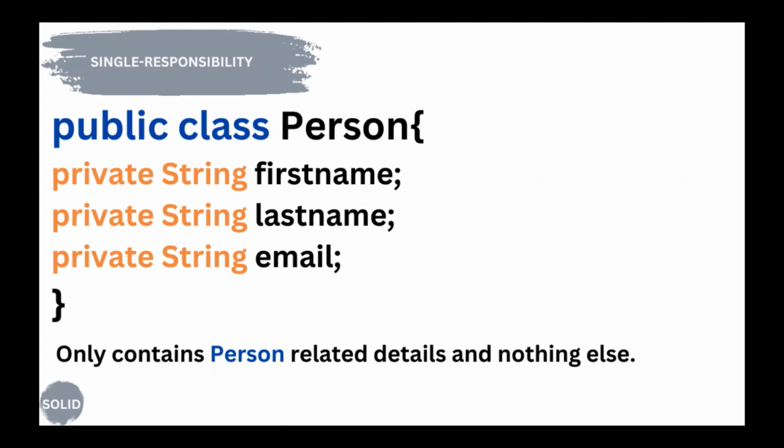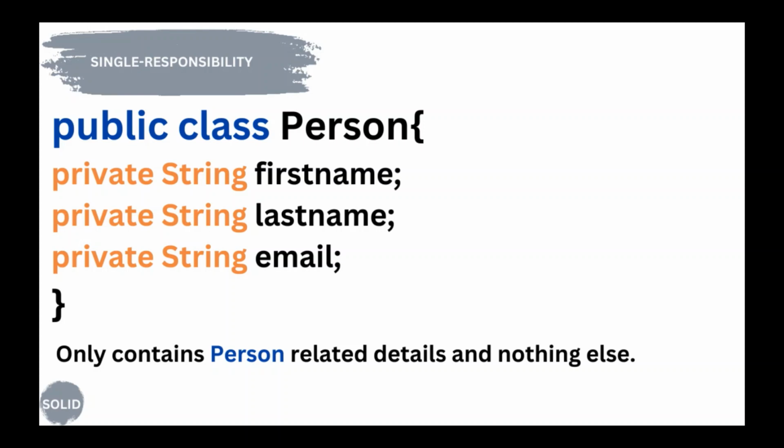So in a nutshell, the code looks something like this. Of course, this is a Java POJO. We encapsulate a person object, which we are saying should only contain person related details and nothing else. I wanted to keep it simple so that you see what we mean when we say single responsibility. It does only one thing.